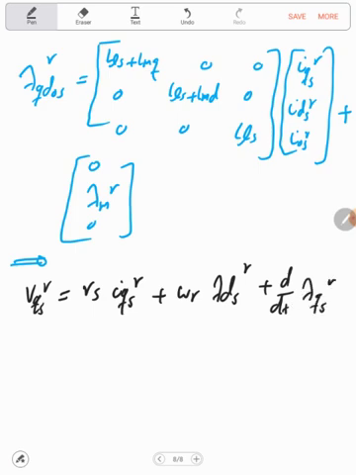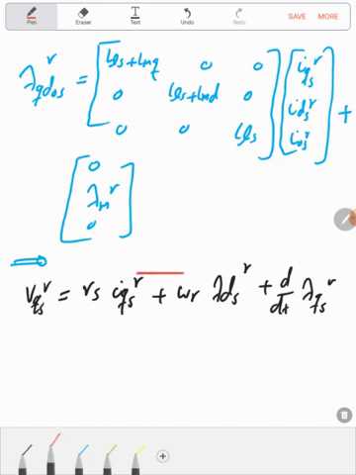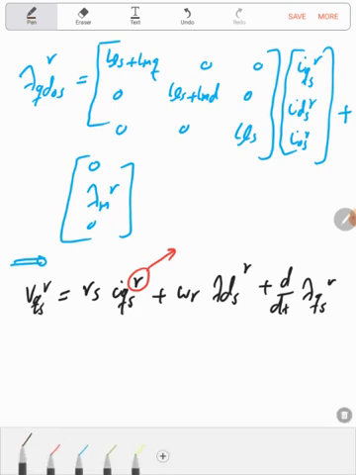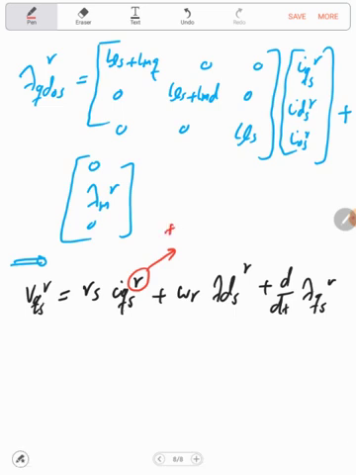And here the superscript R is simply to indicate that the adopted reference is the rotor reference frame.